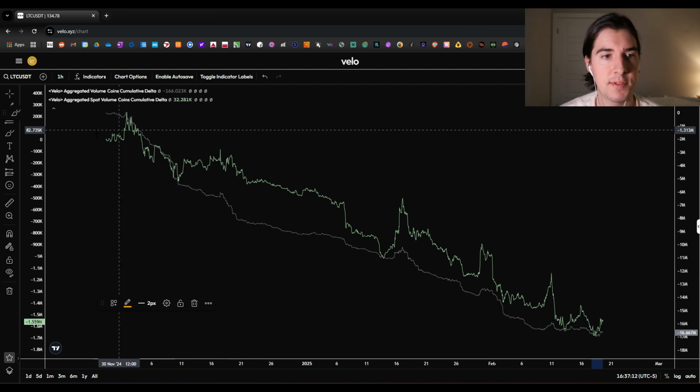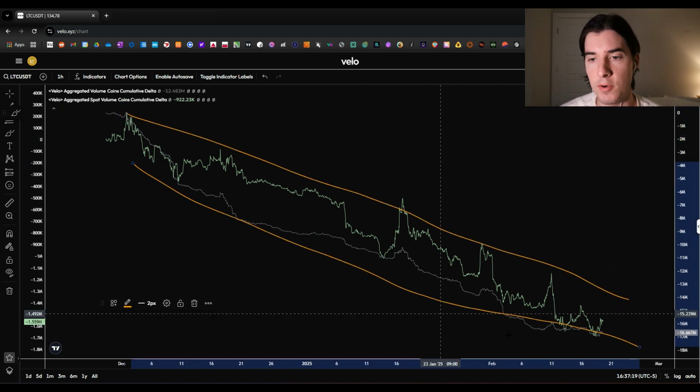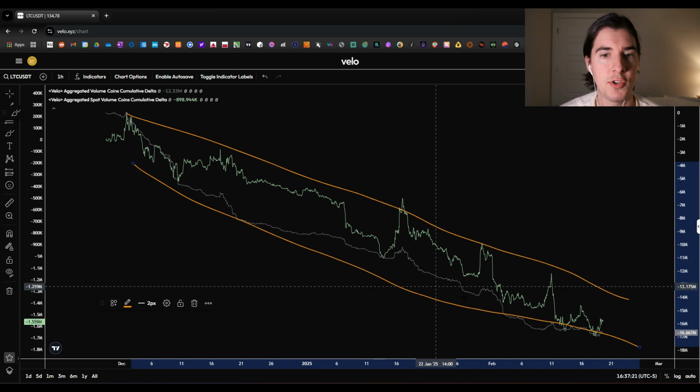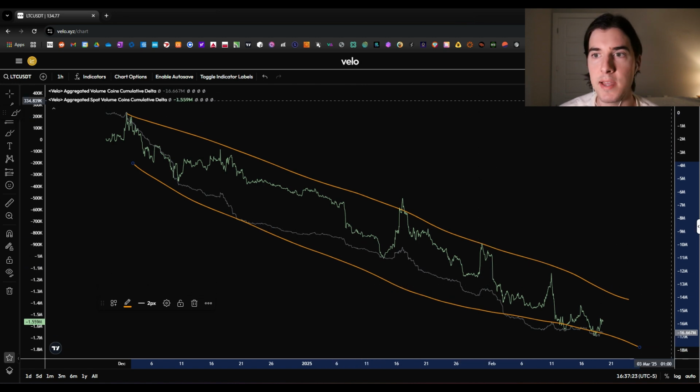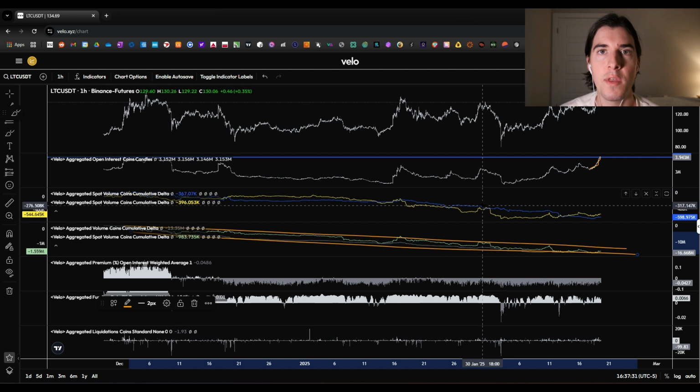So as you can see here, this is just straight down. So I don't see anything here that gets me incredibly bullish on Litecoin. So yeah, piecing the VELO data together with the price action and the volume that I outlined, it leads me to be pretty bearish on Litecoin.